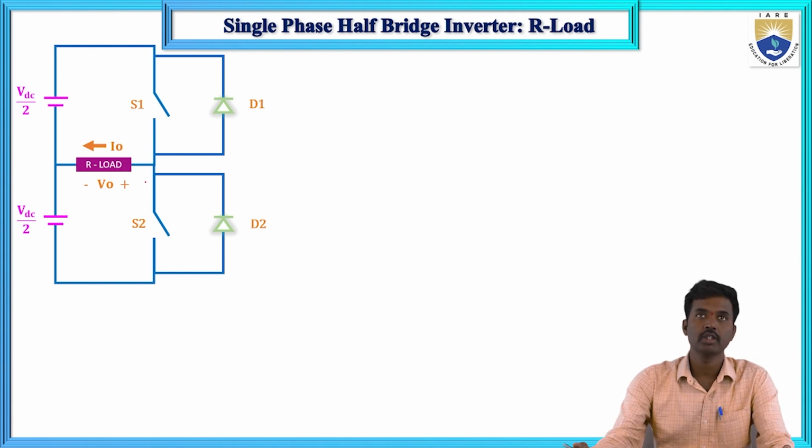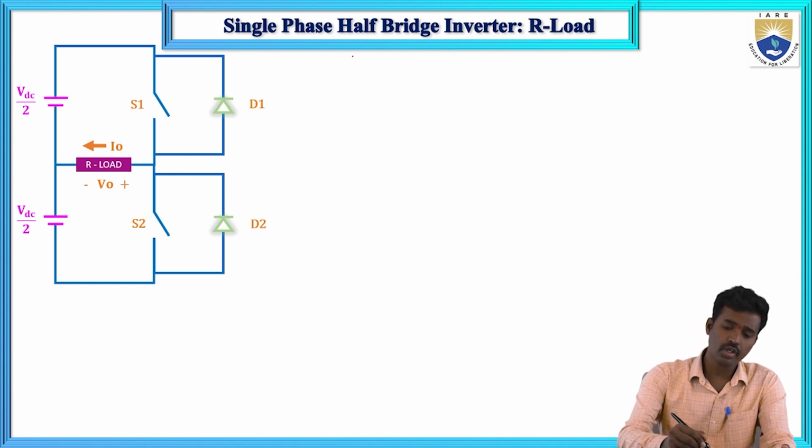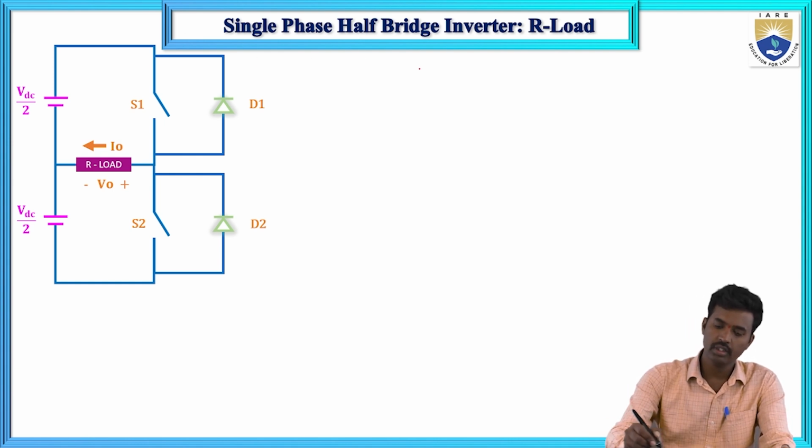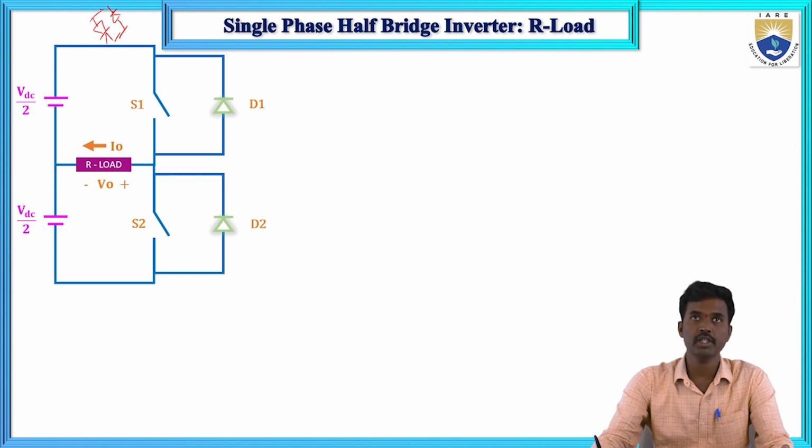Here these two switches are bidirectional switches. The bidirectional switches may be either MOSFET or IGBT. Bidirectional switch means either a thyristor and again one diode. This is the bidirectional switch.